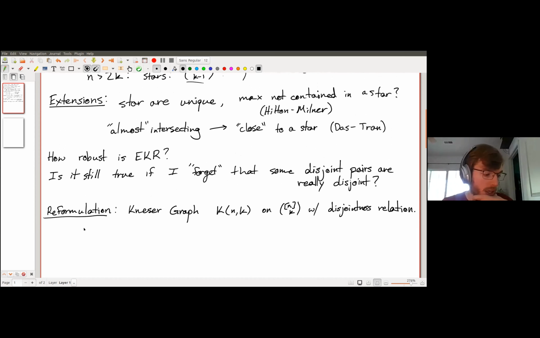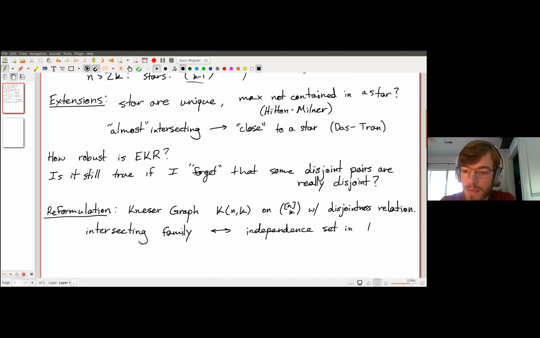Okay, and just to understand this definition, what does an intersecting family look like? Well, in an intersecting family, every pair of sets has a non-empty intersection, so they're not disjoint. And that means it is an independent set in the Kneser graph.